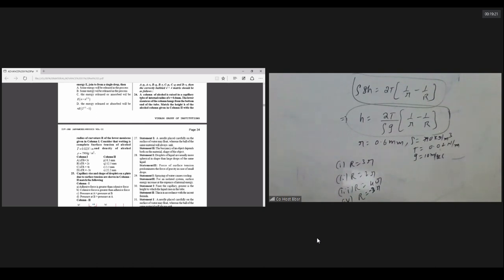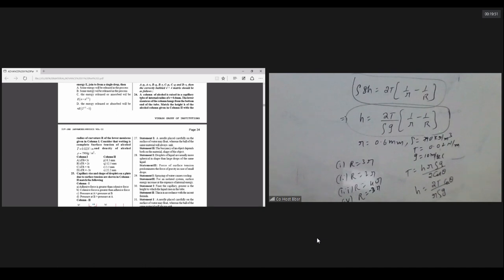Doing this, can you find the value of what? h. Actually, we have only one part. So T equals h r rho g by 2 into cos theta, for rising liquid. So h equals 2T upon r rho g into cos theta. But here nothing is specified, so we should assume theta value is equal to 0.